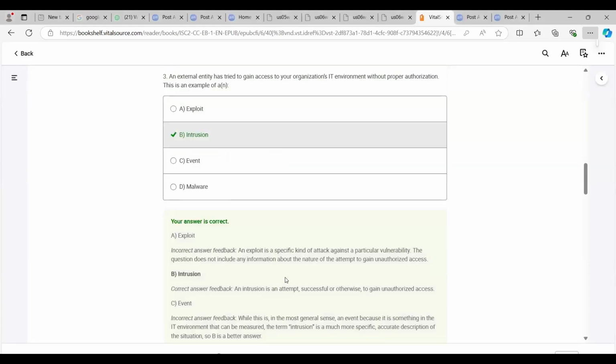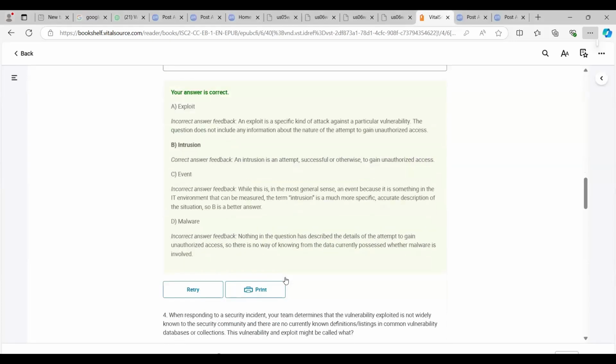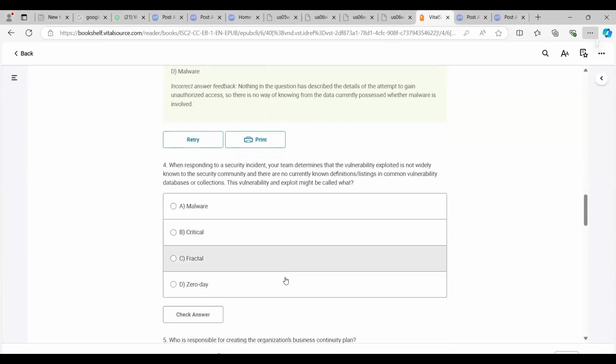I think it's straightforward. So the fourth one: when responding to a security incident, your team determines that the vulnerability exploited is not widely known to the security community, and there is no currently known definition or listing in common vulnerability databases or collections.